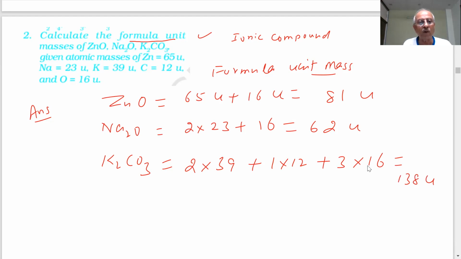Students, I hope the idea is very clear how to calculate the molecular masses and how to write the chemical formula.